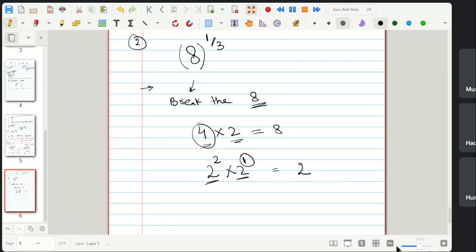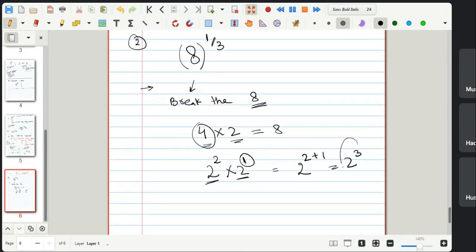This is the rule of exponents, and we will study the rules of exponents in the next class. Don't worry, there are many rules of exponents which are very important. This is 2 plus 1, and we get 2 to the power 3.